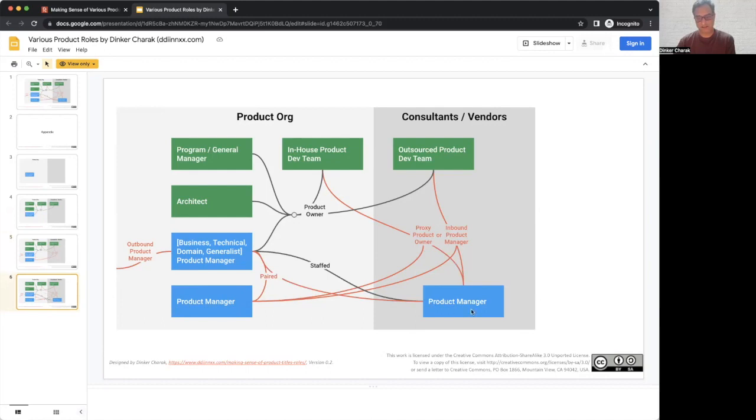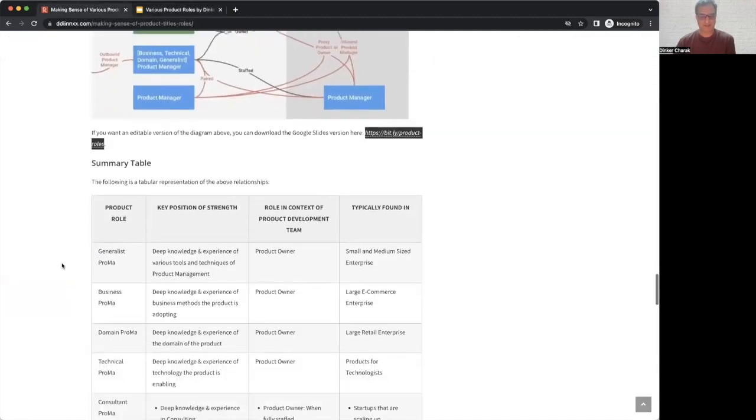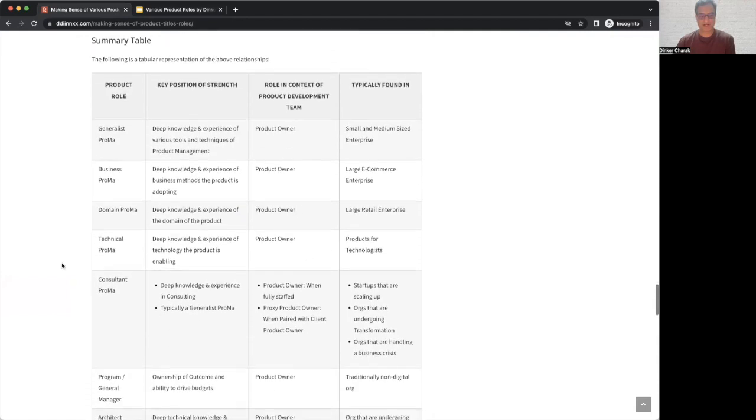And finally, if a product manager has been fully staffed, they take this role and take whatever responsibilities they have to.